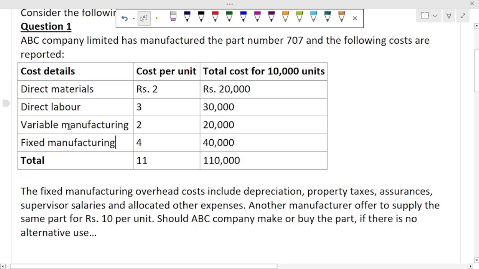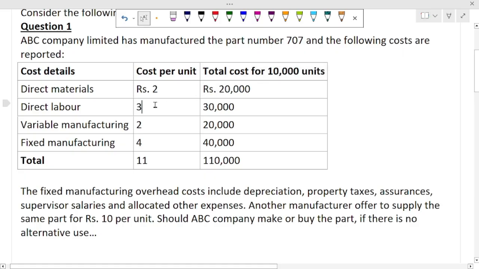Now, cost per unit, then total cost for 10,000 units. All these are part of the equation. You are not solving for these things yet. The currency here is rupees, the Indian currency. For direct materials, we are saying 2 rupees. So 2 rupees multiplied by 10,000 units will give you 20,000 rupees.